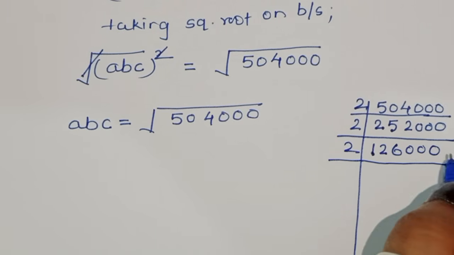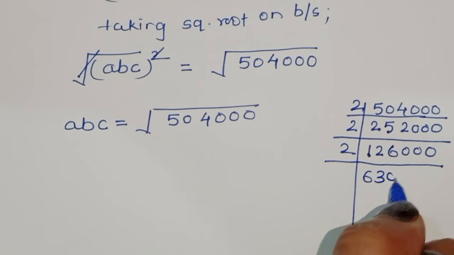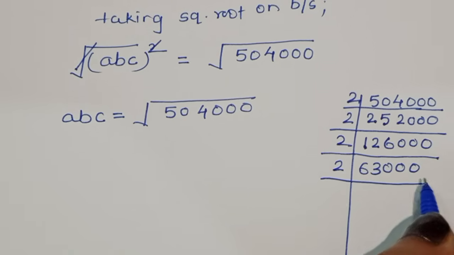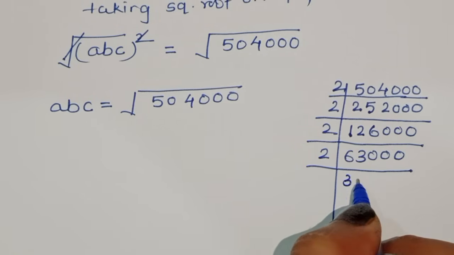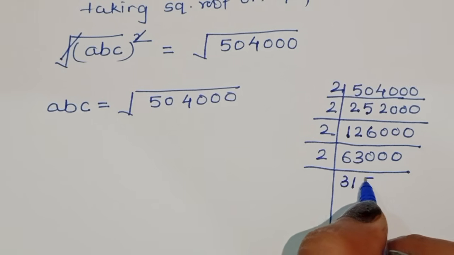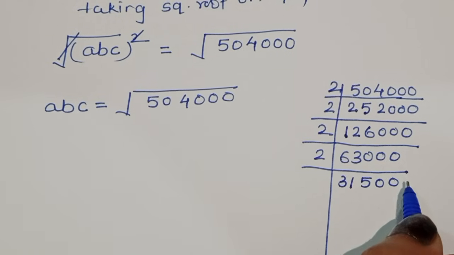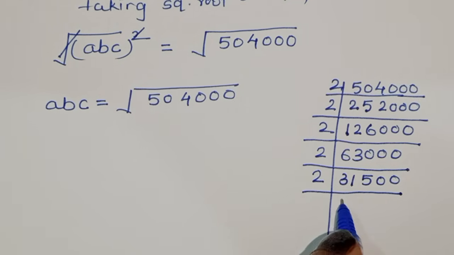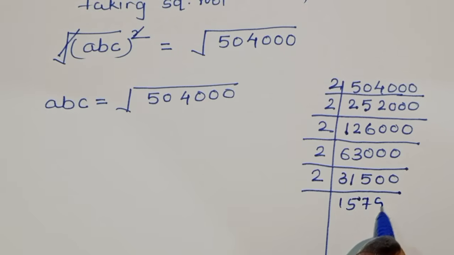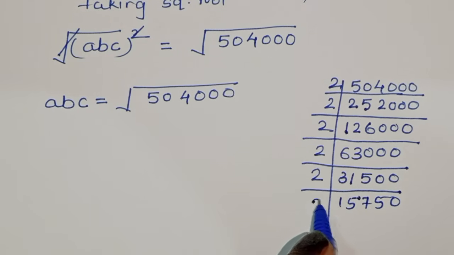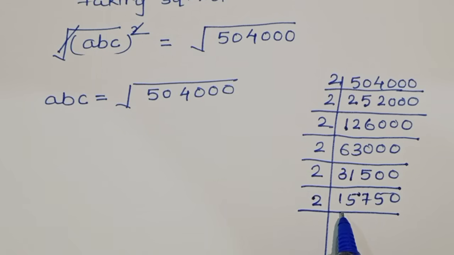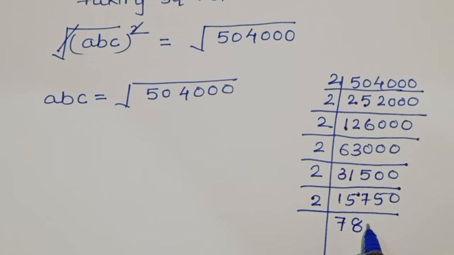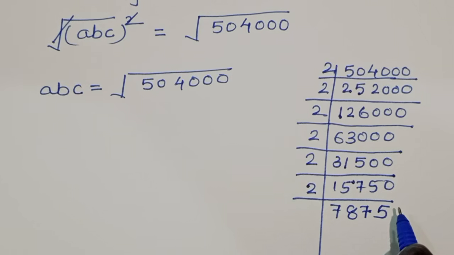Now 2 6s are 12, 2 3s are 6, 63,000. Now 2 3s are 6, 2 1s are 2, 2 5s are 10, so it will become 31,500. Now 2 again, 15,750, and again 2, 7,875.